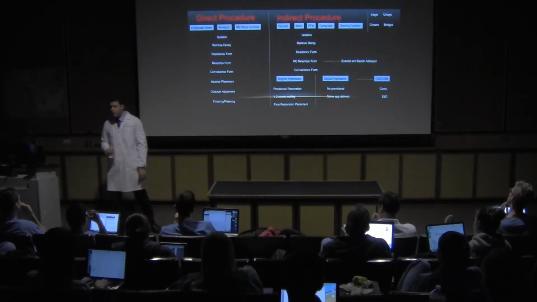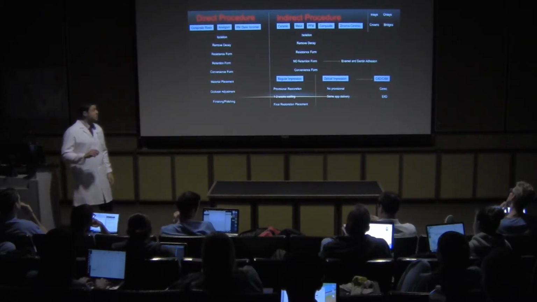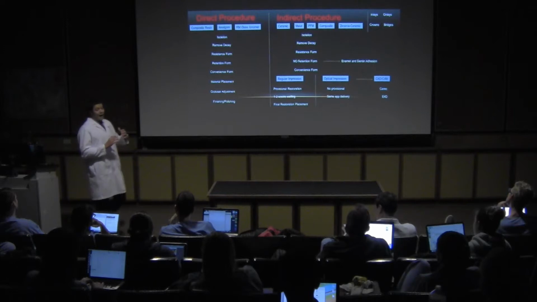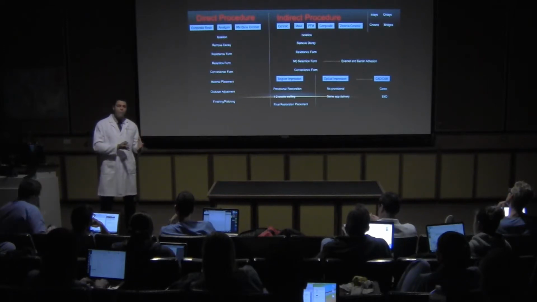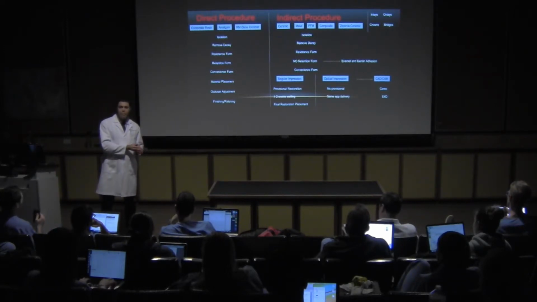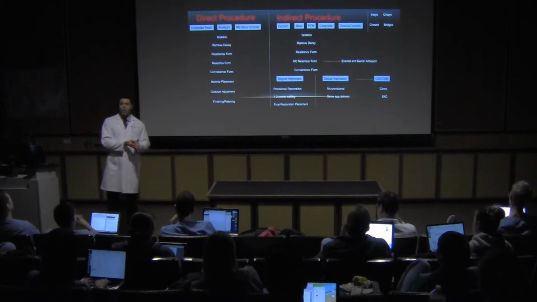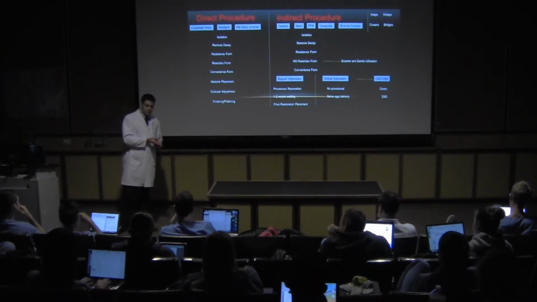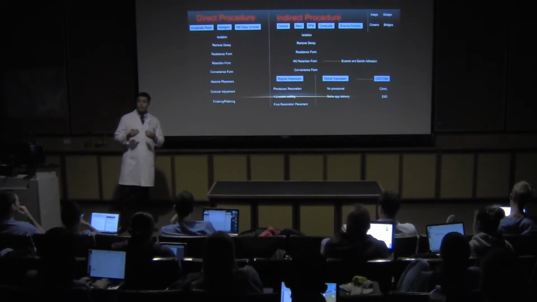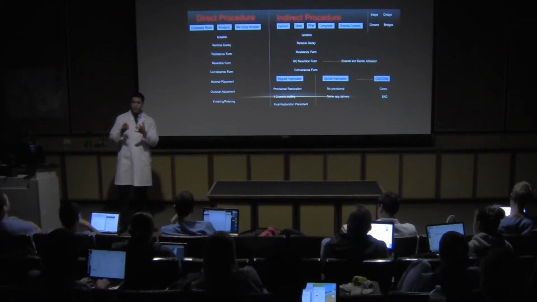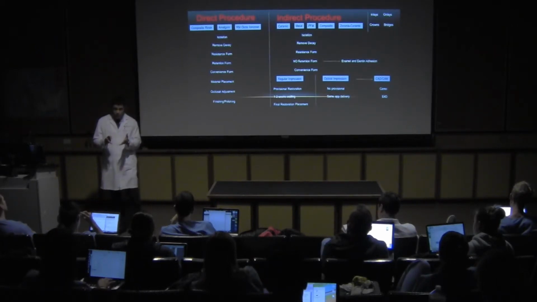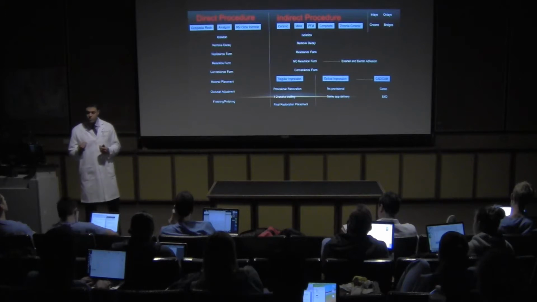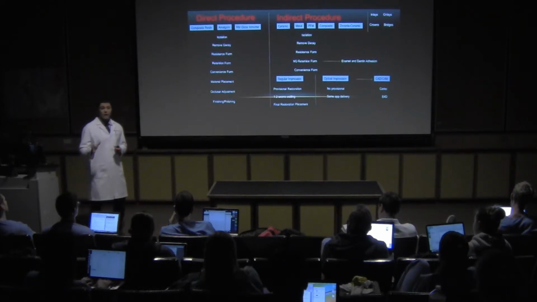So, when I'm going to work with indirect procedures, I have different types of materials that I'm going to use with indirect restoration. It's not me, it's not you, the professional, that's going to manufacture the restoration. Instead, you're working with optical impression, if you have a chairside system. Okay?